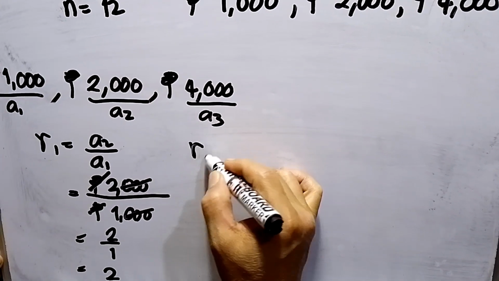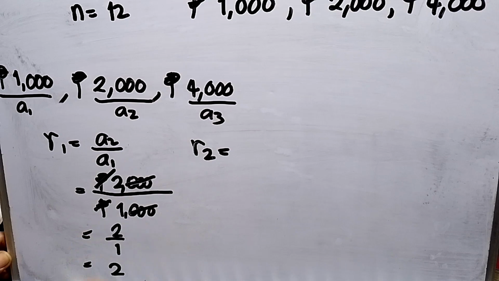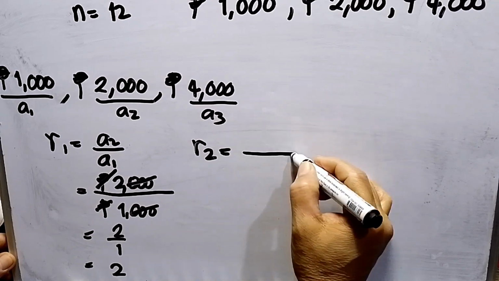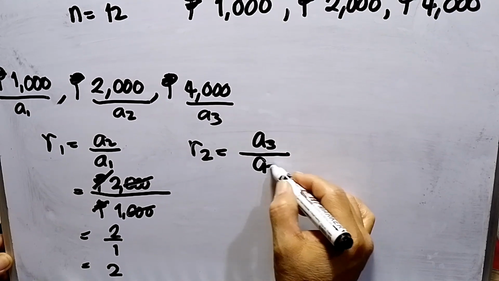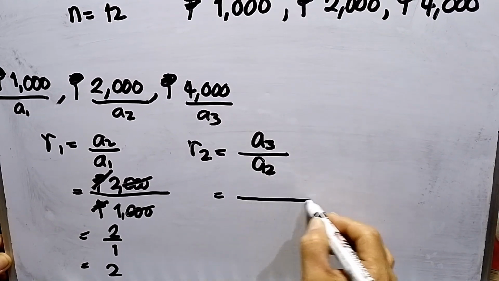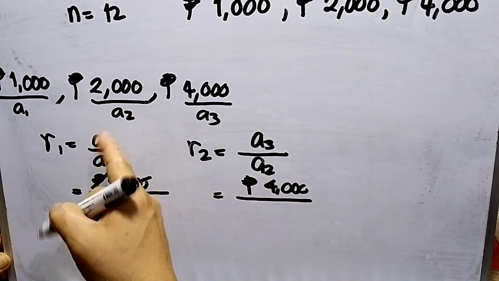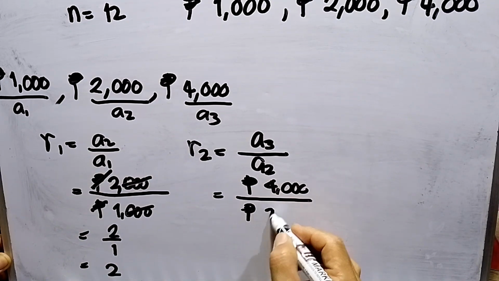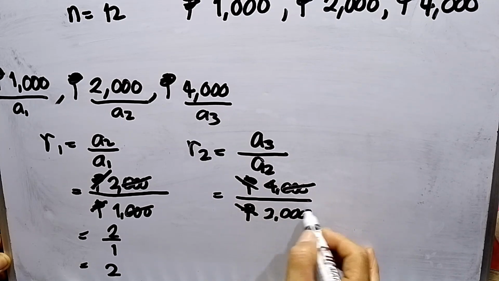How about R2? Let us prove that R1 is equal to R2. So this will be A3 divided by A2. A3 is 4,000 divided by 2,000. The three zeros will be crossed out.